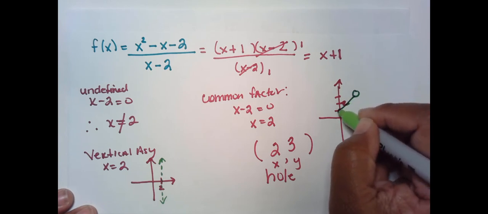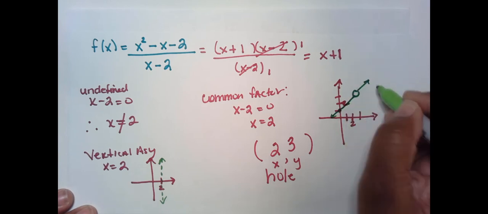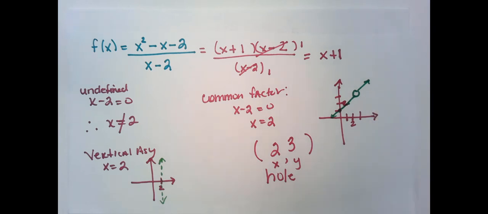So we graph something like this, but at (2, 3) there's a hole, an interruption within that line. So I wanted to at least show you what an example of case 2 looks like, where we talked about how to find the hole of a rational expression.